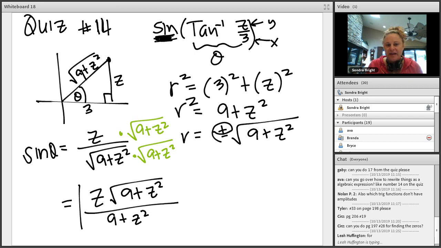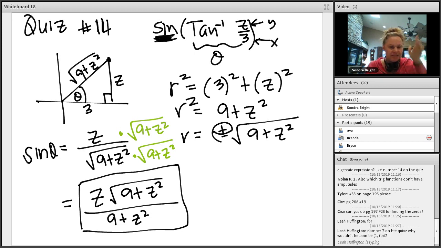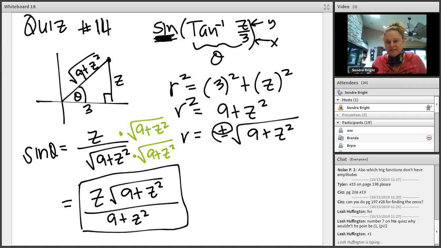That is simplified. That z does not go into the z squared in the bottom because it's z squared plus 9. So that's fully simplified. Don't go crossing out that z and losing points for that. Okay, that was 14 on the quiz.